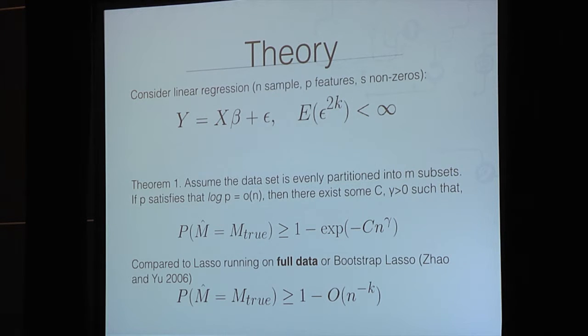So you're actually faster. Basically this says that if you use Lasso in the message framework, you not only do the computation in parallel, which is faster, but you also have better results. You also have better model selection result, and also the prediction result.